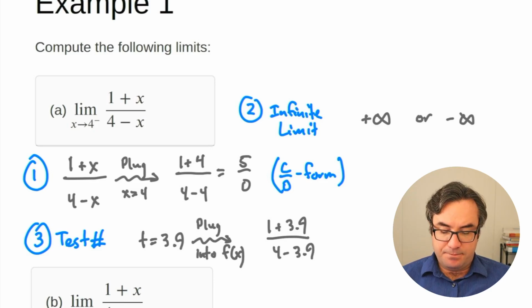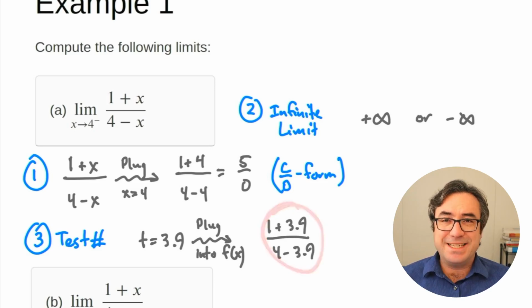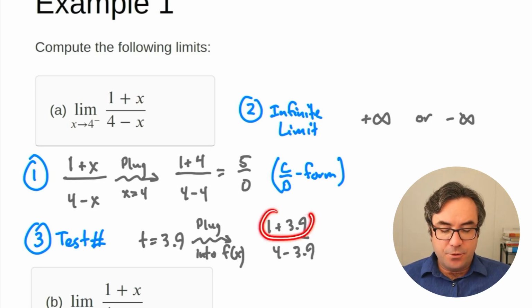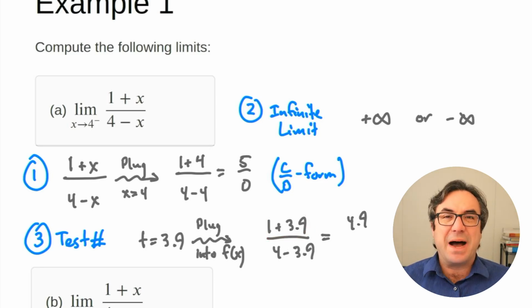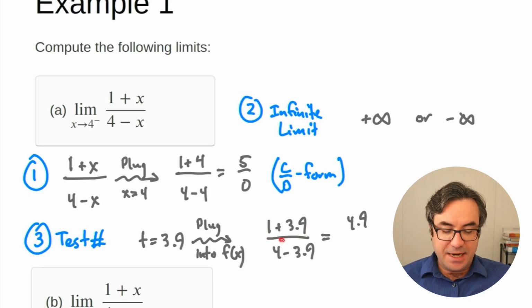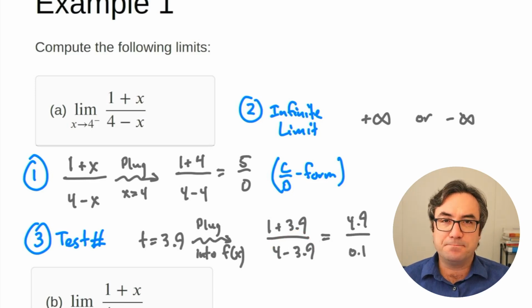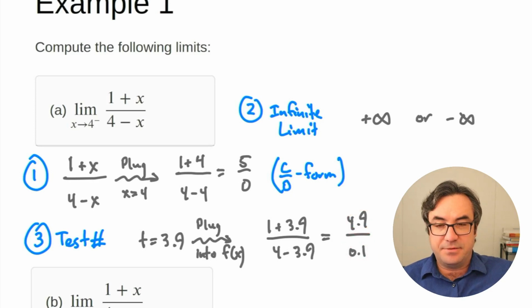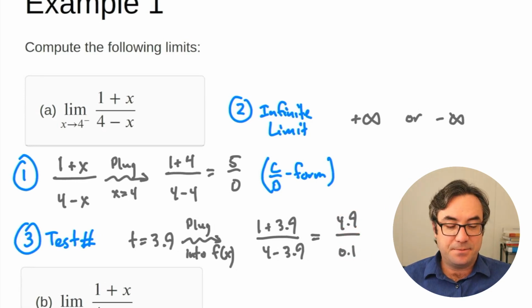We don't really care what this number is exactly; we just want to know, is it positive or negative? In the numerator, we get 4.9, a positive number. In the denominator, we get positive 0.1. You could simplify this, but the main thing is we have a positive number divided by a positive number, so this thing is positive.